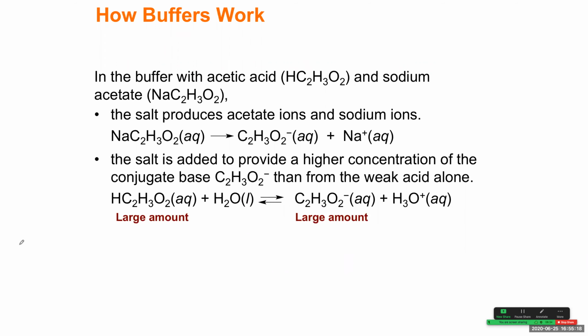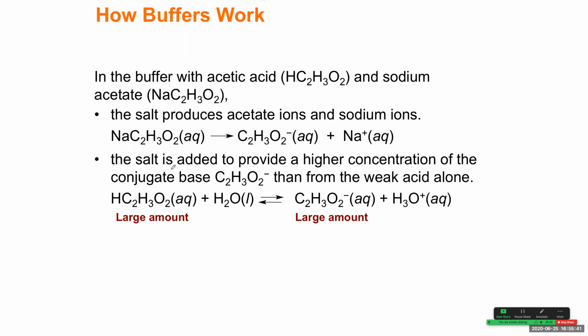So how do buffers work? In the example, a buffer with acetic acid and sodium acetate, the salt dissociates to produce acetate ions and sodium ions in water. The sodium ion is a spectator ion, so it's not involved in this equilibrium.